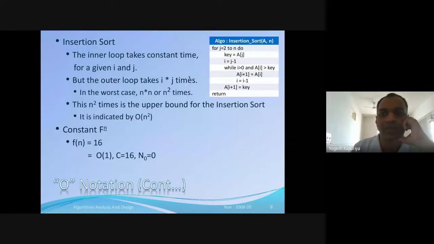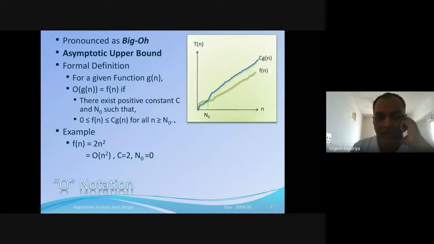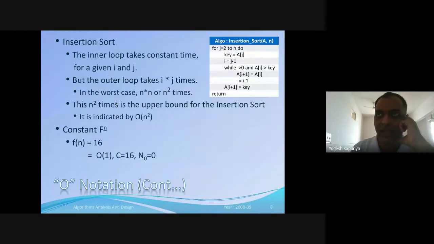Okay, let us first go through insertion sort. This was about the mathematical understanding, and now let us try to understand it in generic terms. So you have an insertion sort algorithm.